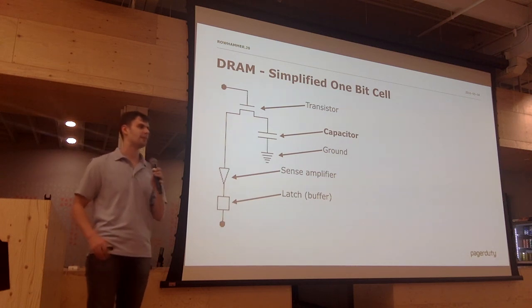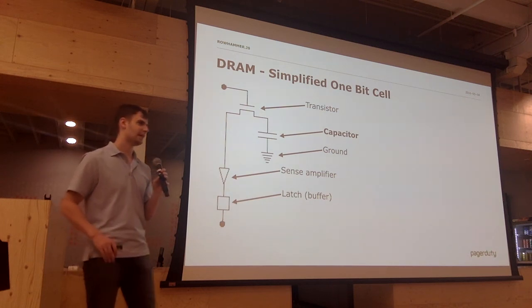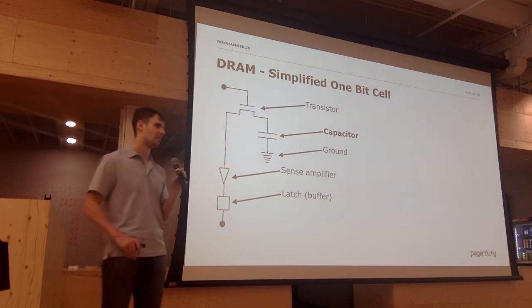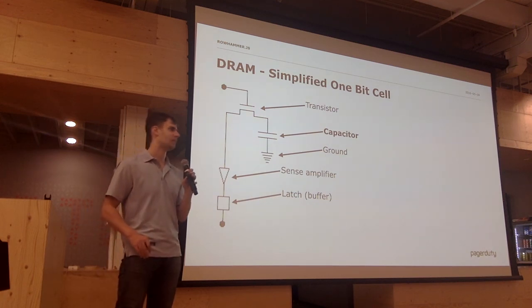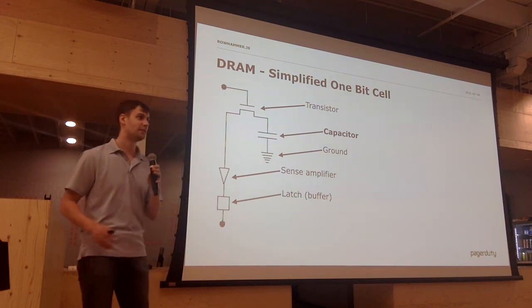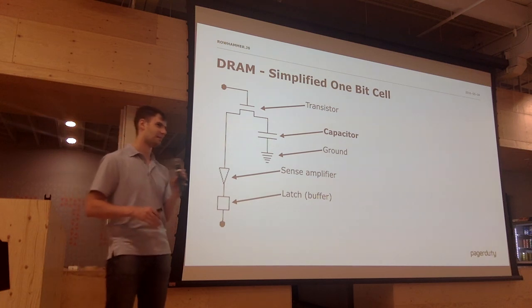So DRAM, the way that it works is that it stores your data in a capacitor. A capacitor is kind of like a small rechargeable battery, and what you could do is charge the capacitor up and say that that would represent a 1, and if you discharge the capacitor, that would represent a 0.